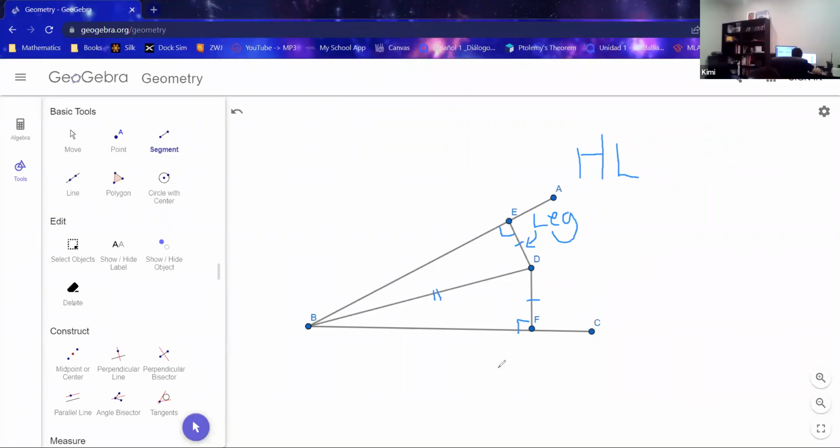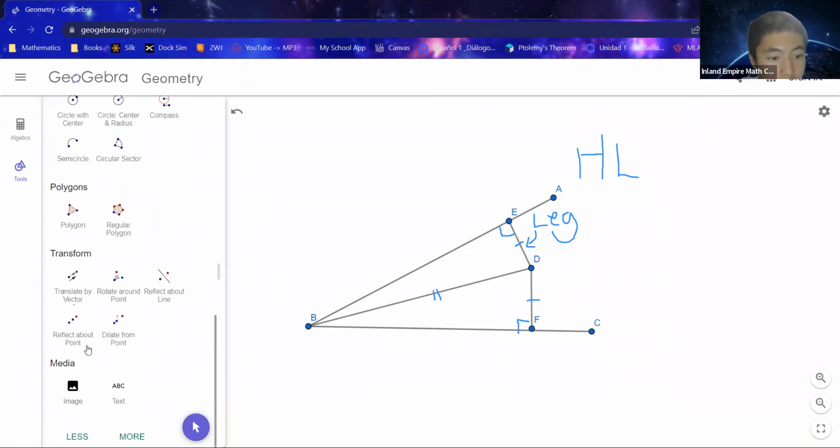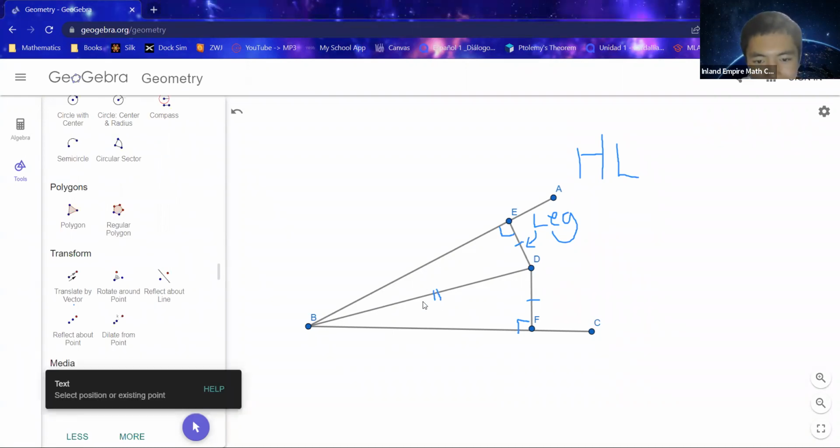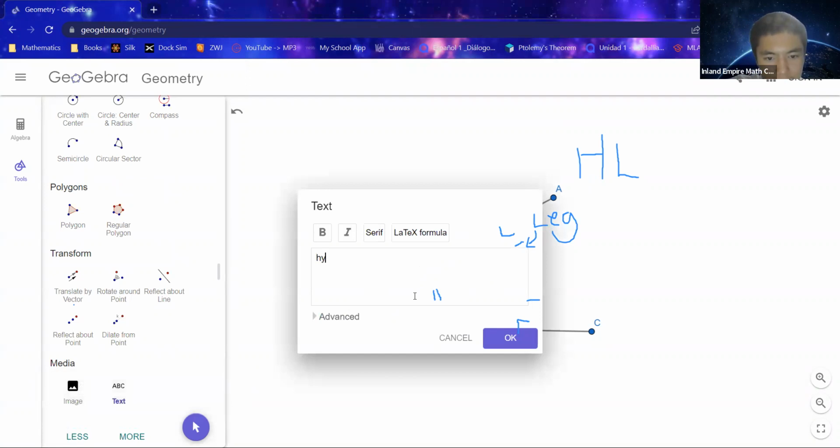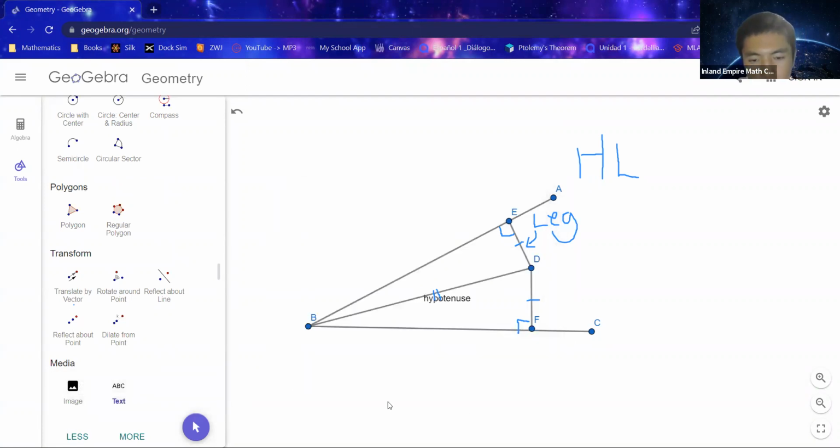What is the hypotenuse? It's the side in the right triangle that's the longest. It's spelled like this, hypotenuse. It's the line in the middle.